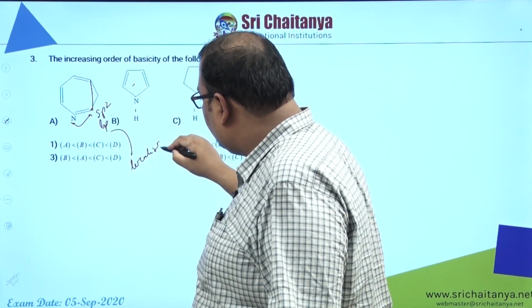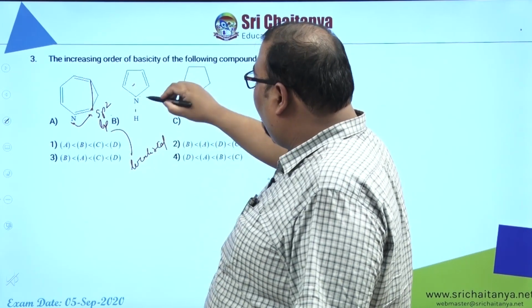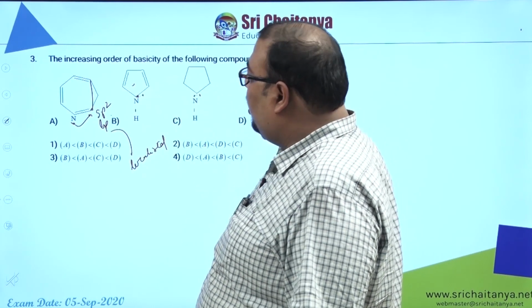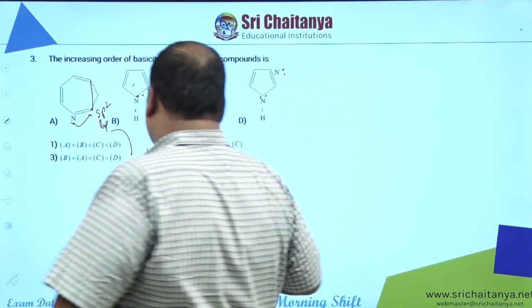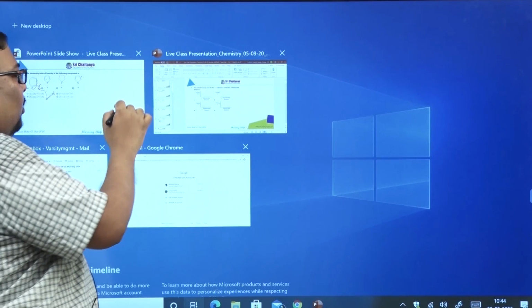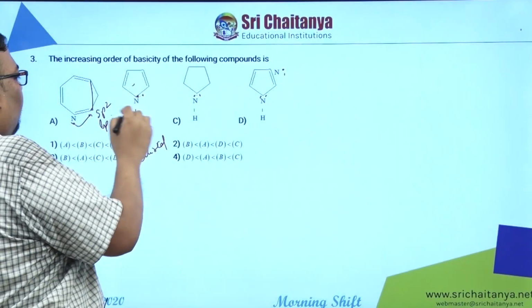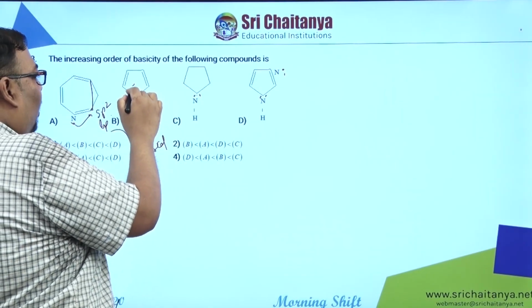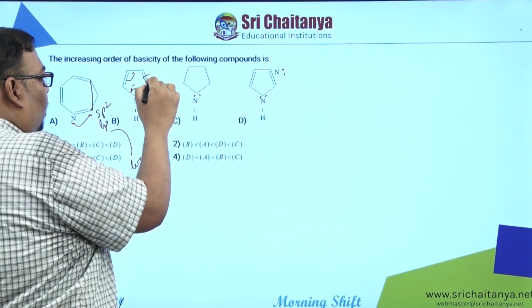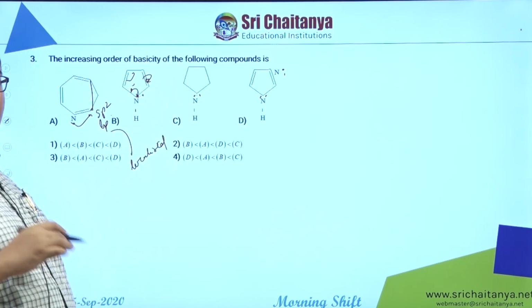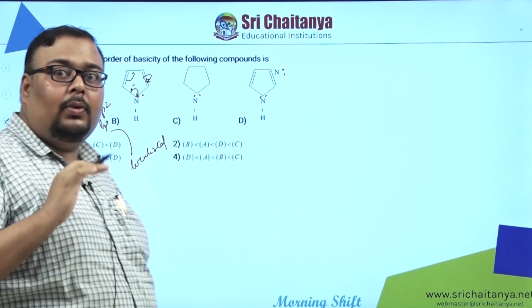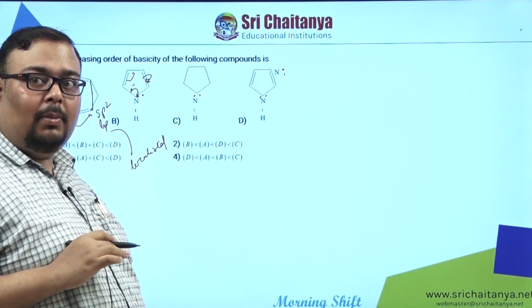Now, in the case of pyrrole, this lone pair is delocalized, because delocalization of this lone pair will lead to aromatic stabilization of the molecule.